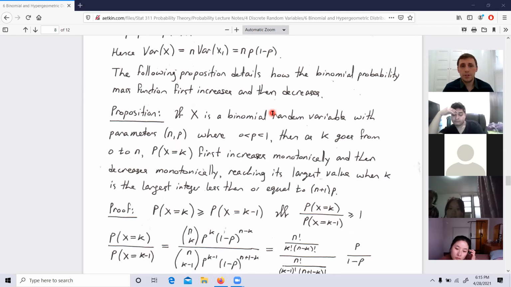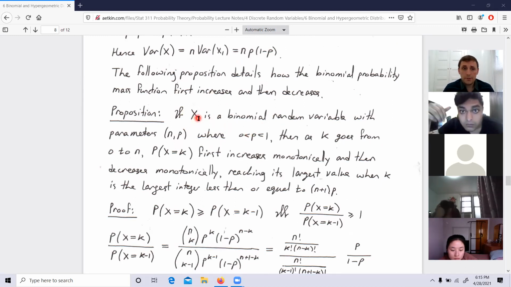So another proposition is about the behavior of the binomial random variable. This is what it says. If x is a binomial random variable with parameters n, p, where p is between 0 and 1, then as k goes from 0 to n, P of x equals k will first increase monotonically and then decrease monotonically.